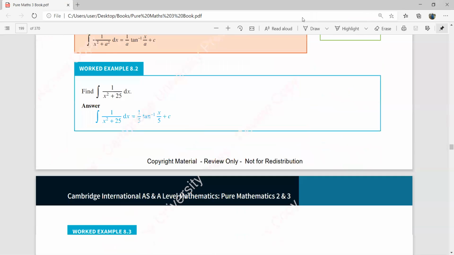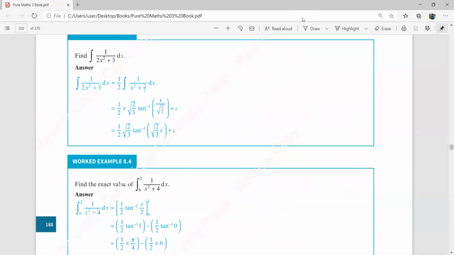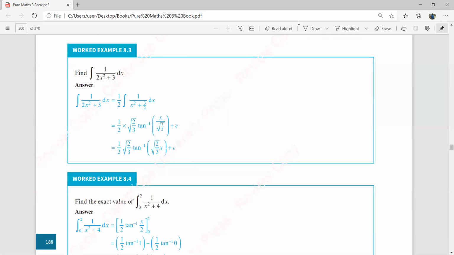Let's see what we have next. Now you see here, for these kinds of questions, you should always have a form of 1 over 1 plus x squared. This is 1 over 2x squared plus 3. So first of all I'll write it as 1 over, I need to take this 3 common from here.